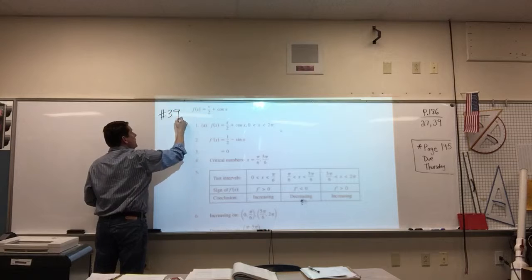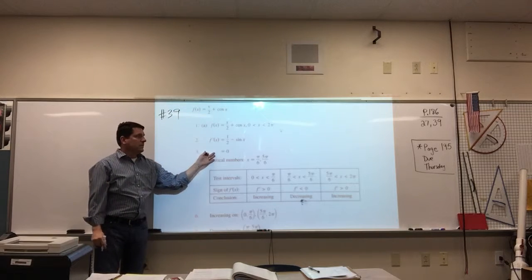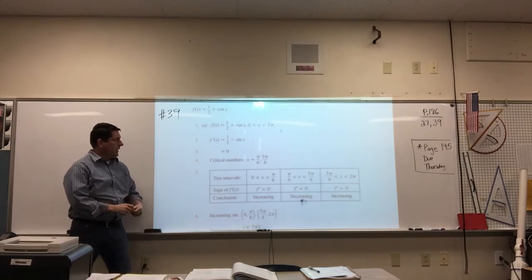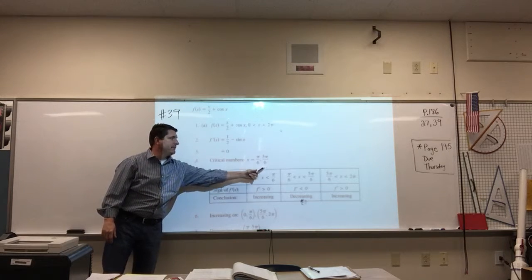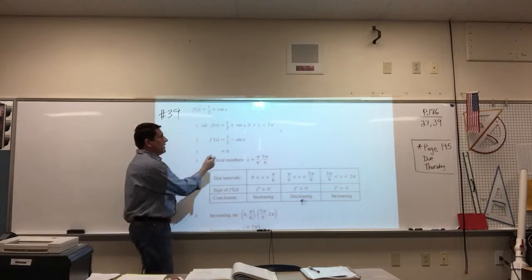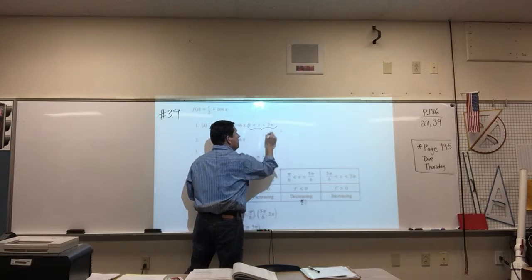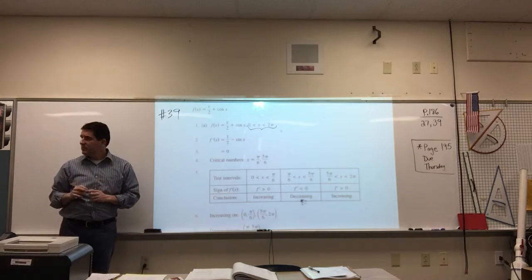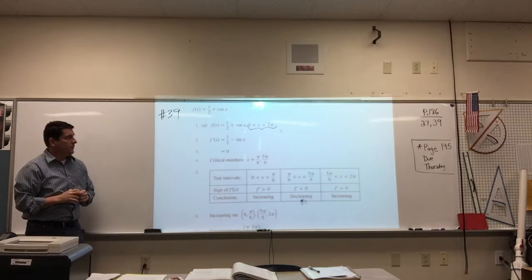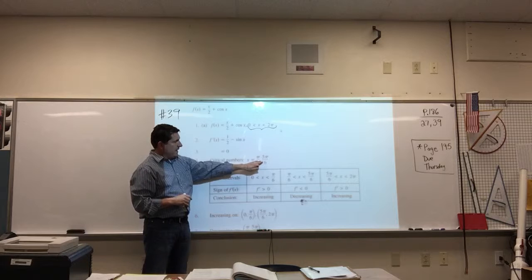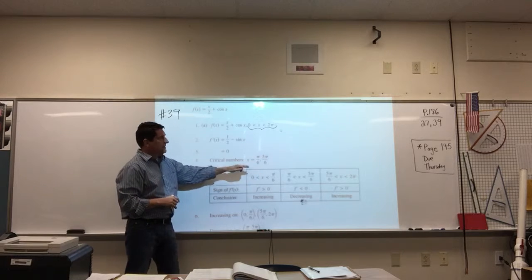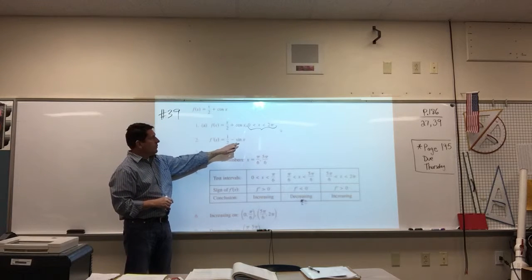So, same old story. Find the derivative, set it equal to 0, and you end up with x equal to pi over 6 and 5 pi over 6. Now the original problem restricted our domain, so we could only use the numbers between 0 and 2 pi without including 0 and 2 pi. So at pi over 6 and 5 pi over 6, the sine of x is 1/2.